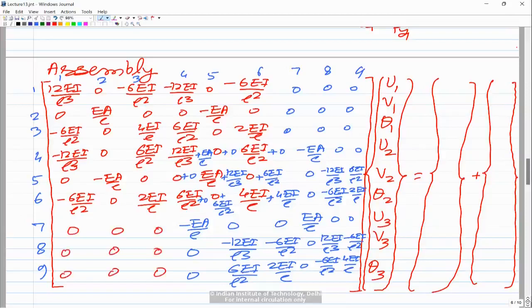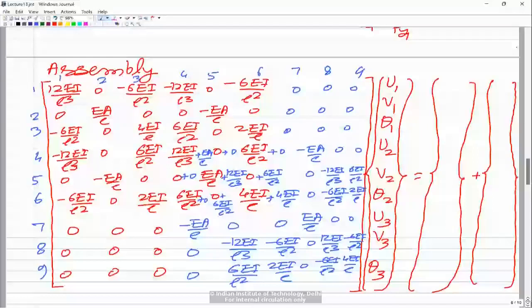Now similarly, if you look at the global load vector, the first element load vector we have just written. It will go into the first four rows of the global system. So we will have here minus q naught L by 2, and then we will have 0.